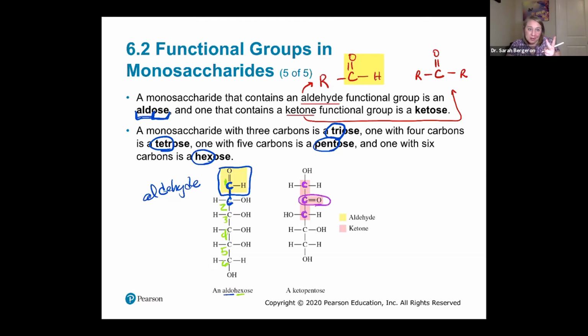So remember, if there's 2, it's like a lock and a key. So this is a ketone. Okay, that's a ketone. So if I have a ketone, I'm going to start with keto, and then I'm going to say how many carbons. I have 1, 2, 3, 4, 5 carbons. So that's pent. And then we're going to say it's a carb. So that's pentose. So ketopentose.